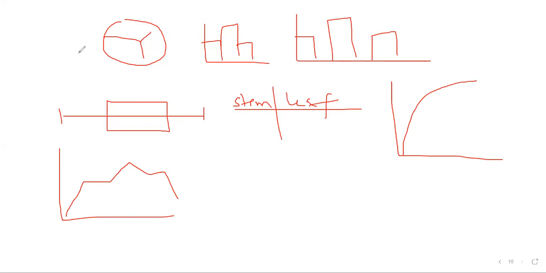So A is a pie chart, B a histogram, C a bar chart, D the box and whisker plot, E the stem and leaf diagram, F cumulative frequency, and G the relative frequency polygon.